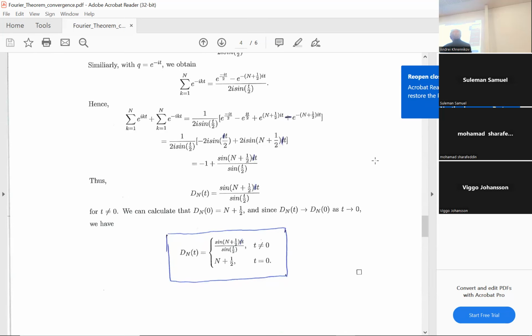And finally they collect everything. Here is again a misprint. Here should be minus. When they subtract 1, they write the sum of these 2 terms. And again, the main misprint in this text, they put here i. Of course, there is no i. If it is this, it is just sinus. If it is this, it is just sinus. So everything is correct without this i, which I deleted. And again, the answer is this without i, which is again deleted. So this is the formula for the Dirichlet kernel.